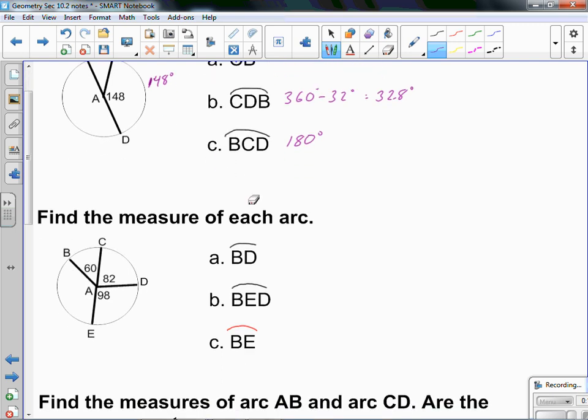All right, so then find the measure of each of these arcs. So arc BD: we know the central angle measures are 60 and 82. Those central angle measures are the same as the arc measures. So going from B to D, I have 60 plus 82, which is 142.